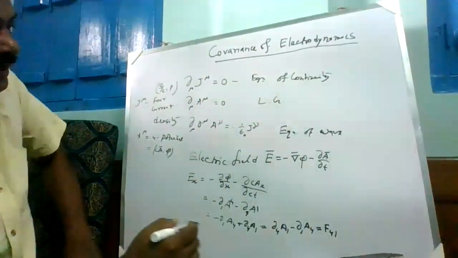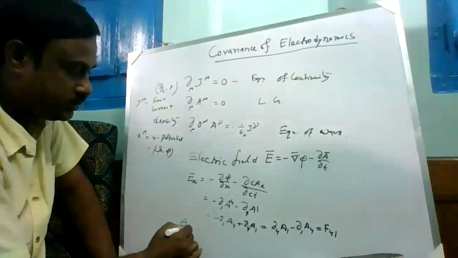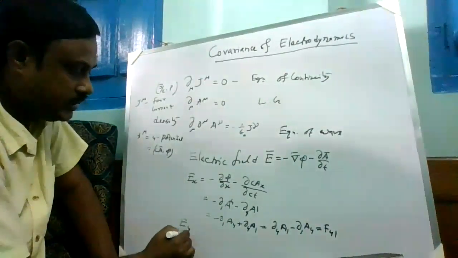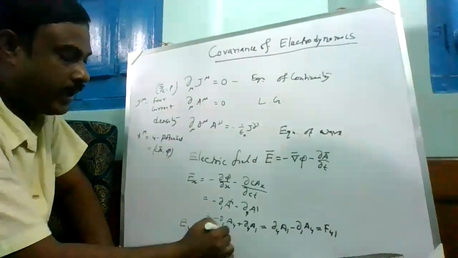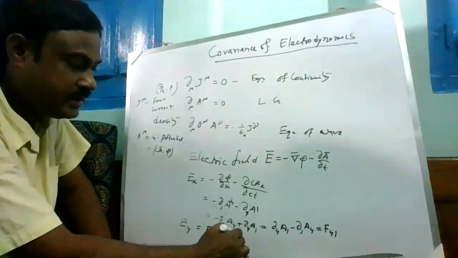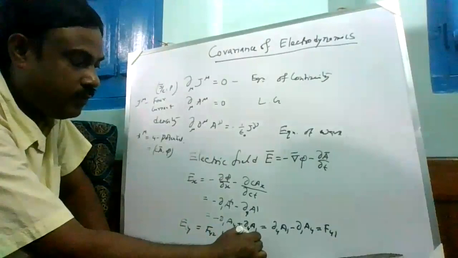In the same way, I guess you can do it on your own: Ey can be F42 and Ez can be written as F43.